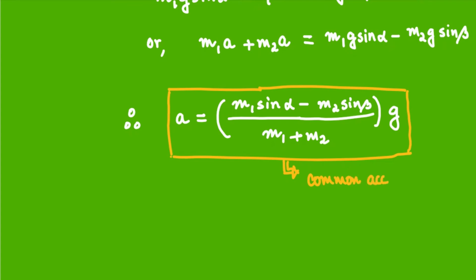That is the common acceleration of the two bodies placed on the two inclined planes connected by a string which is passing over the pulley set on the highest point of the two inclined planes. This is equation 3.